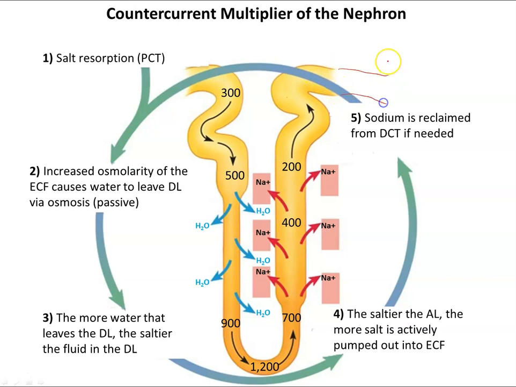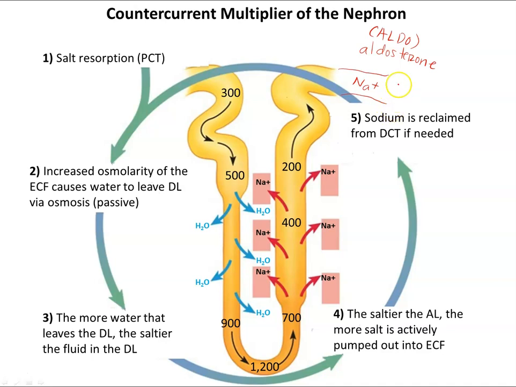I can have a hormone called aldosterone, which we're going to call Aldo from here on out, A-L-D-O. Aldosterone can cause the permeability of the DCT to change. And if you remember, if I'm going to become impermeable to sodium, I cannot have any sodium channels there.